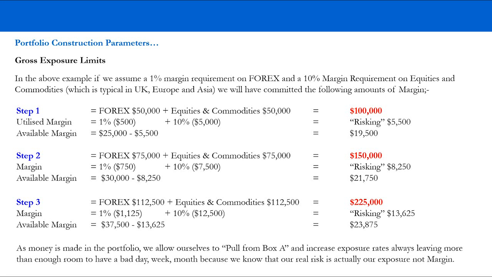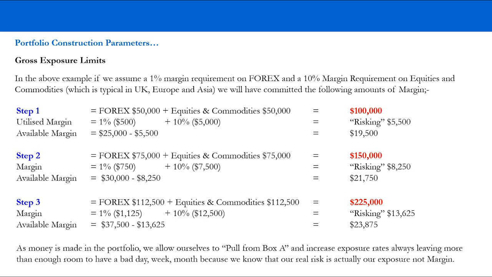Our available margin is simply our initial margin, $25,000, minus the margin that's being utilized. So the number that we're risking as part of our margin, $5,500, leaving $19,500 of margin that currently isn't utilized. However, we know that's there because we're choosing our exposure rates and we're making sure that we never receive a margin call.